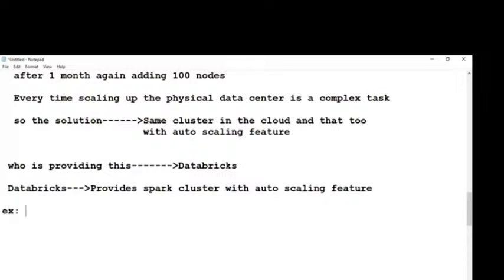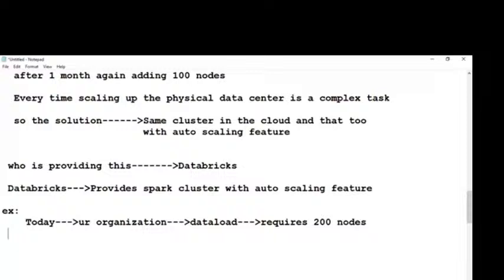Example. Today, your organization's data load requires 100 nodes. Tomorrow, assume data volume increased.